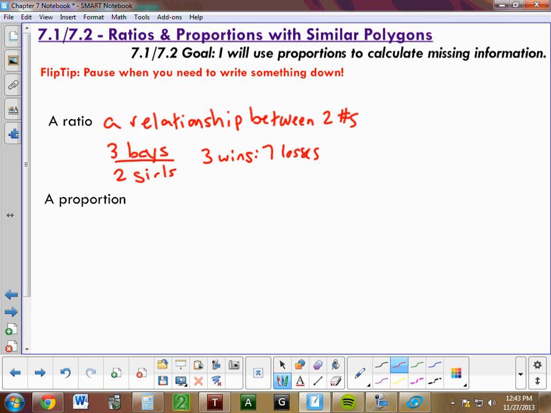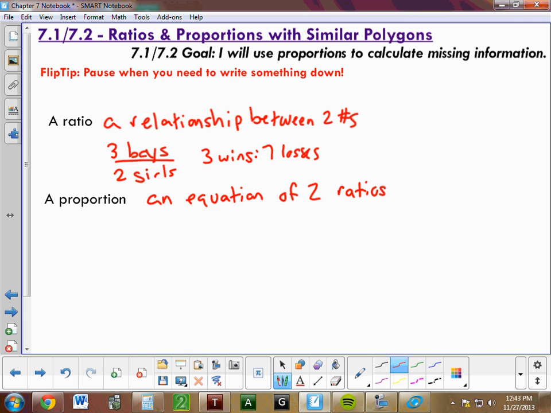It could really be anything, but a ratio is just a way to put two different numbers together. A proportion is an equation that is set up between two ratios.